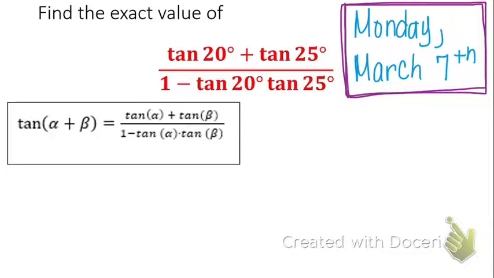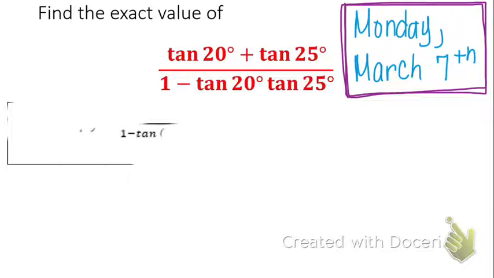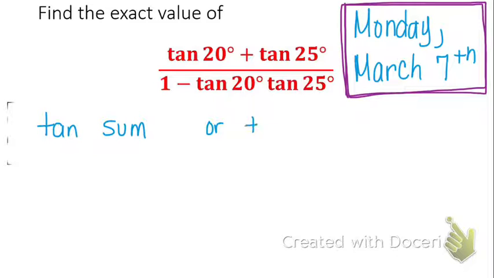Okay, so what you want to do, looking at this red equation, I kind of already gave you the answer, so let me take this off. When you see this, this is an identity. You need to determine if this is tangent sum or is this tangent difference.